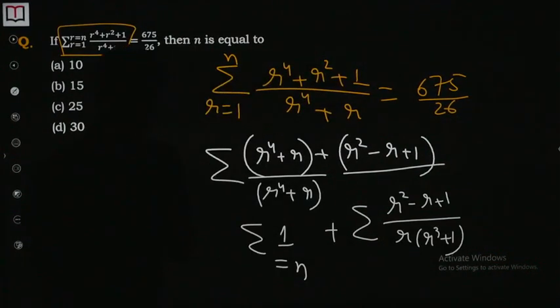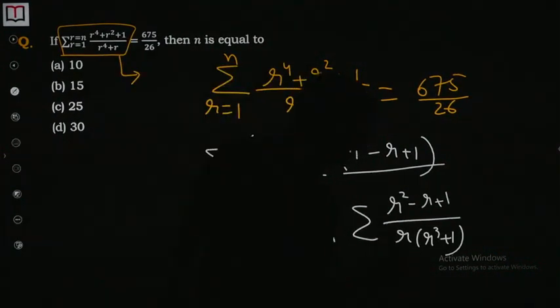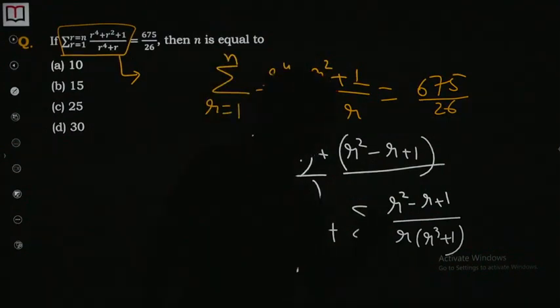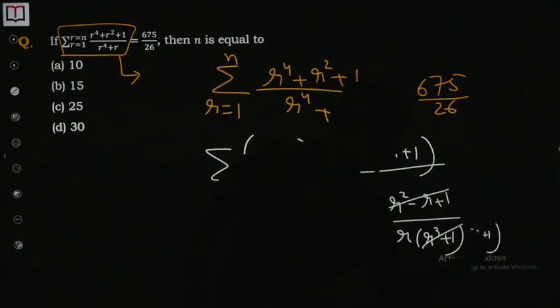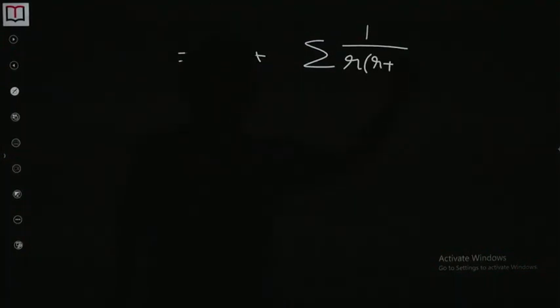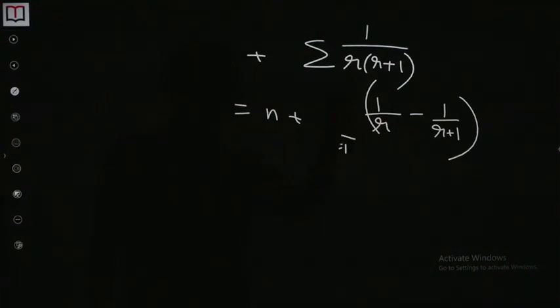Now r cube plus 1 is a cube plus b cube, (a plus b)(a square minus ab plus b square), these terms get cancelled. So this is n plus summation of 1 upon r into (r plus 1), and we all know how to tackle it.